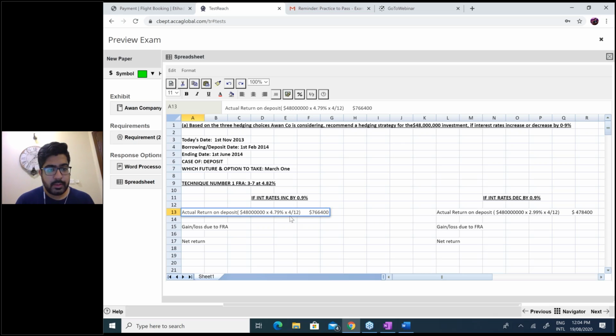Take the amount into actual interest rate into time period: 4 months over 12. Actual interest rate: 4.09 less 20 basis points, 3.89. If they increase by 0.9, it becomes 4.79. If they decrease by 0.9, it becomes 2.99. You can take any questions on that.